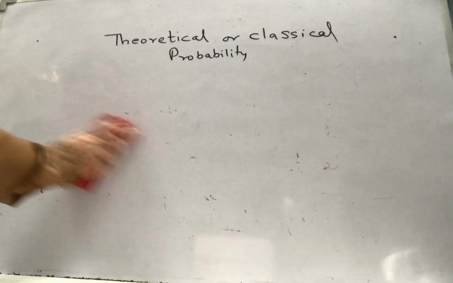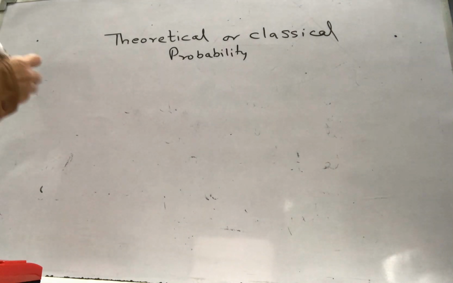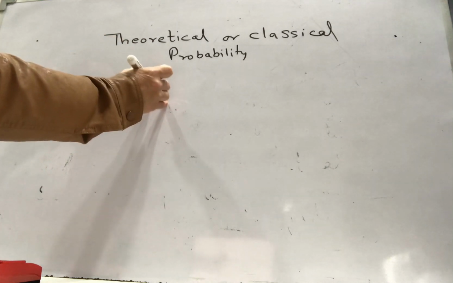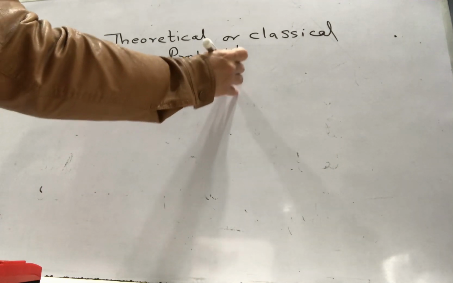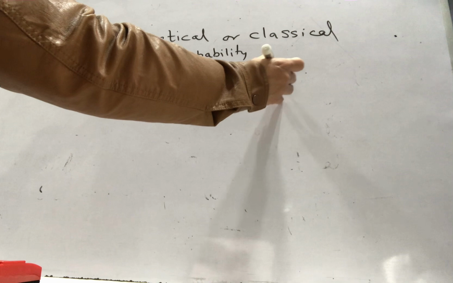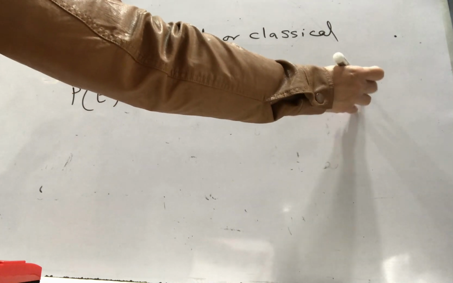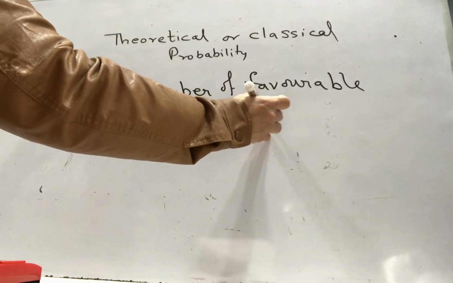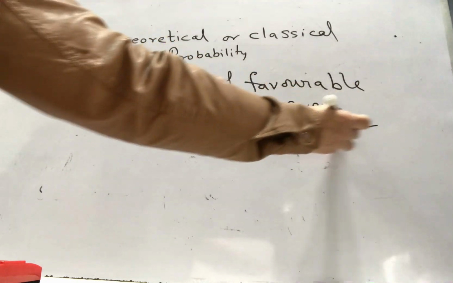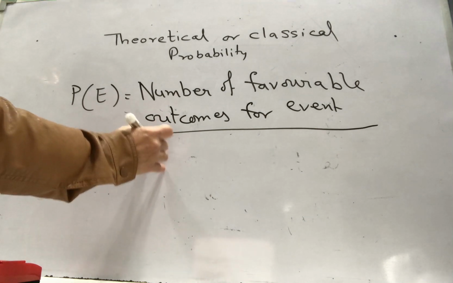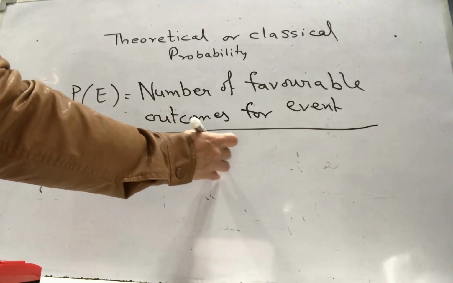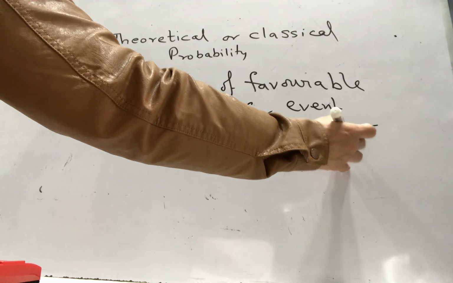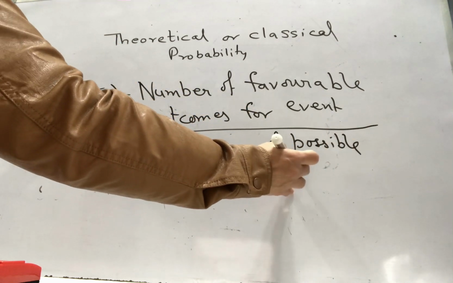The probability of an event will be calculated by checking the number of favorable outcomes for the event upon the total number of possible outcomes.